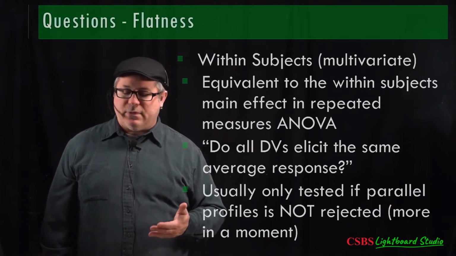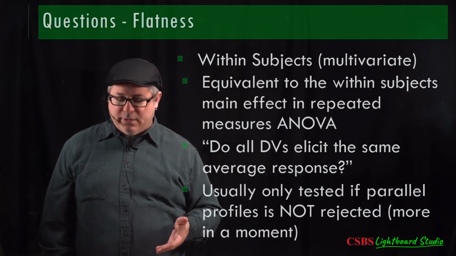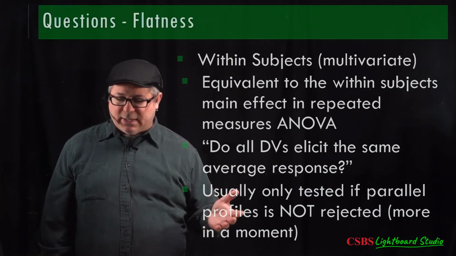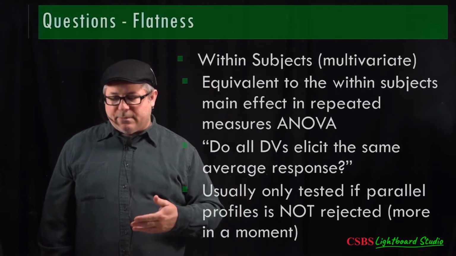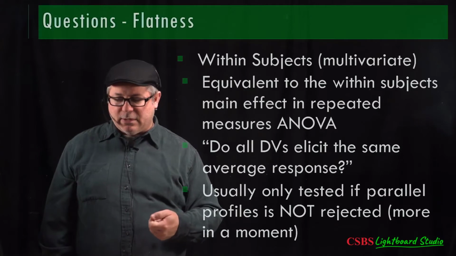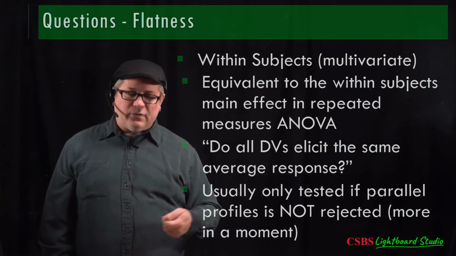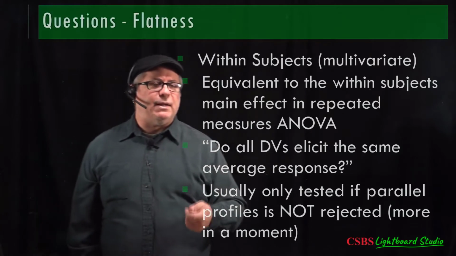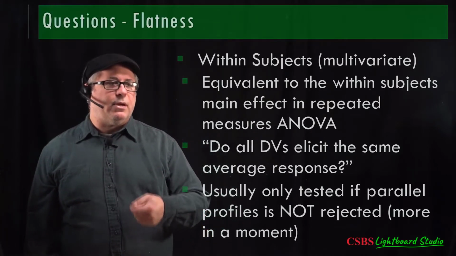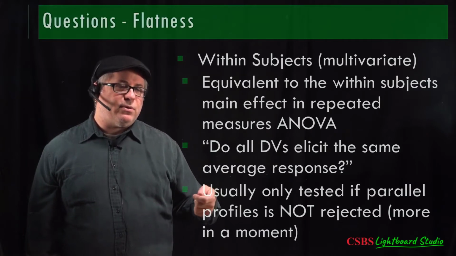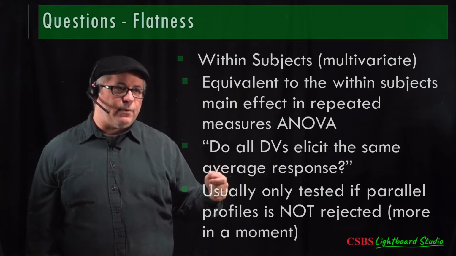If you're looking at math ability across time, boys versus girls, and you have an interaction, you're basically saying the change in math ability over time depends on whether you're looking at boys or girls, where boys start higher, change slower, girls start lower, change faster.